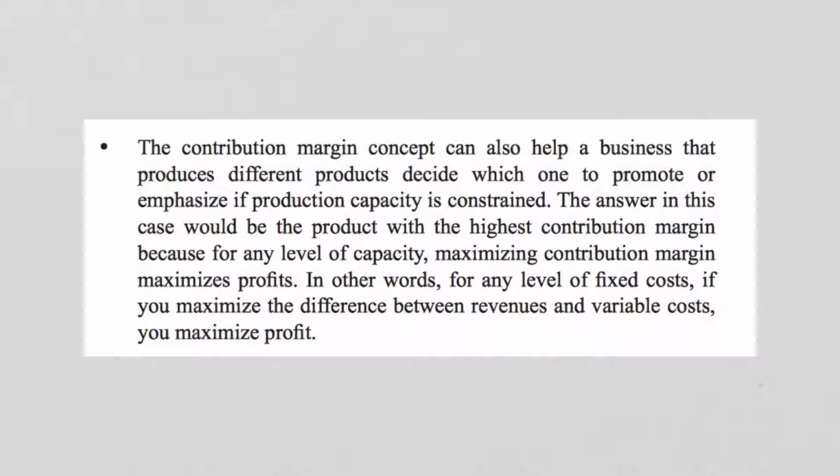And it's always going to be, at least from the managerial accounting side, the one with the highest contribution margin, because that maximizes profit. So finally, in other words, for any level of fixed cost, if you maximize the difference between revenue and variable cost, you've got the most push towards fixed cost, and your ability to maximize profit is kept at the forefront. All right, that's it.